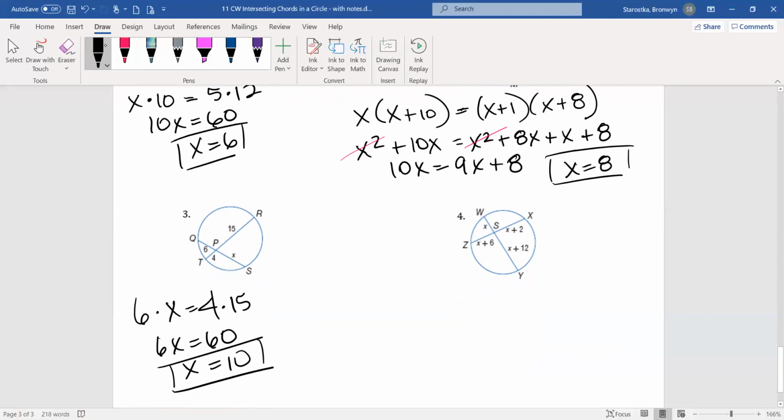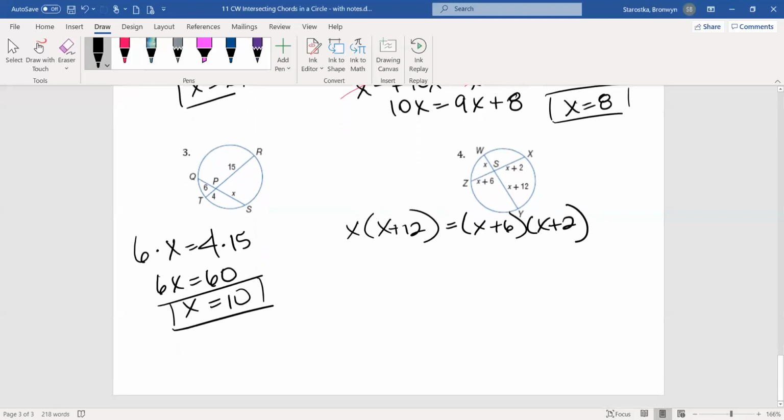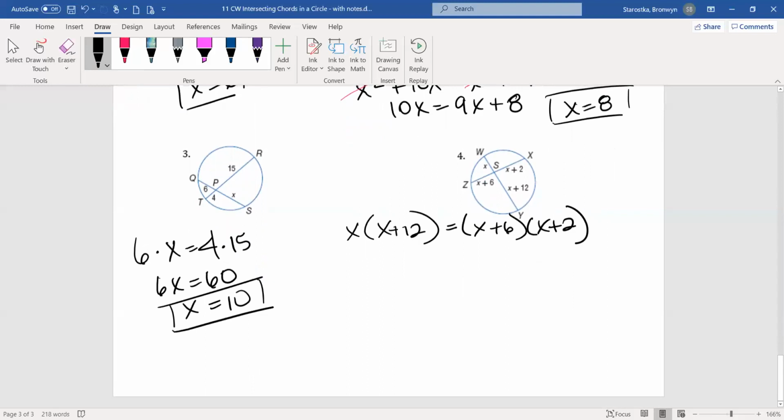One more practice here. X times x plus 12 equals x plus 6 times x plus 2. I'm doing multiple of these because I want to make sure that we have good practice before you have to do it on your homework. Doing the FOIL or multiplying the binomials. X squared plus 12x, remembering to distribute.